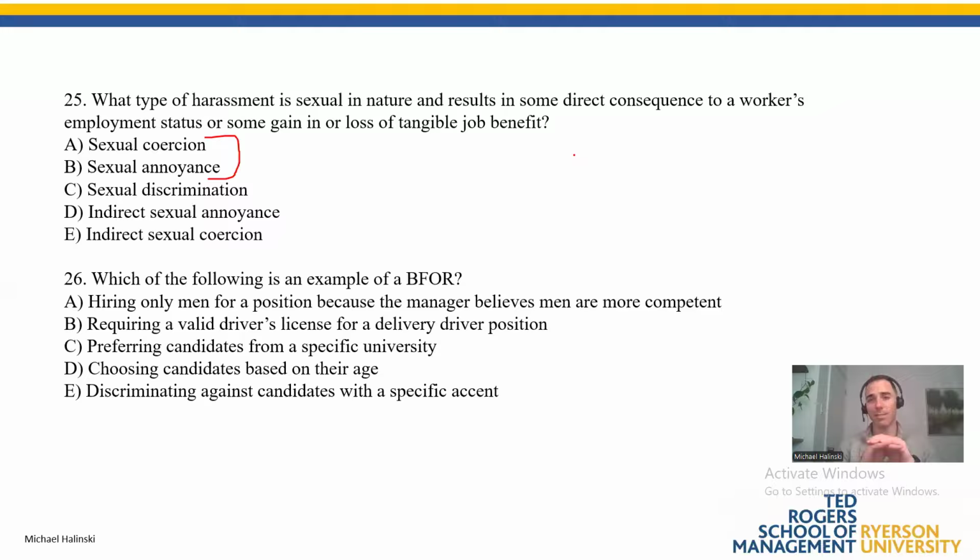Sexual annoyance is similar, in that the comment or behavior could be of a sexual nature, but it does not involve any tangible job benefit. It would be, for example, going over and giving somebody a hug when they ask you not to give them a hug. You're at the same level as them, so it's not like you're going to punish them by taking away their job or work opportunities.